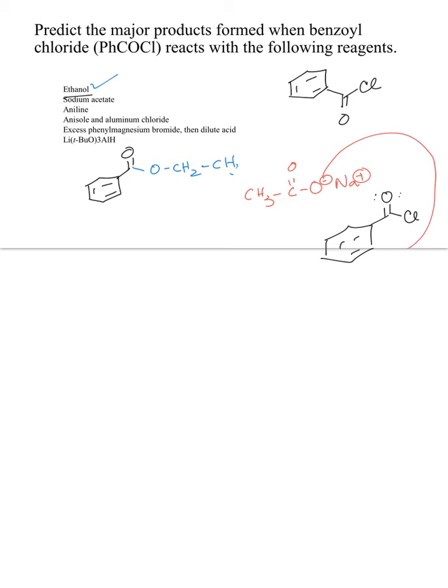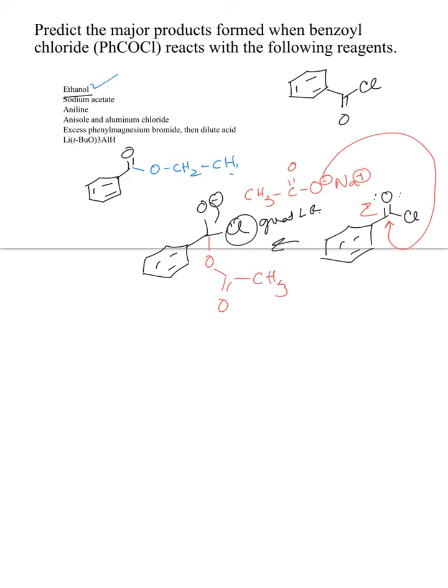So this goes here, and then forms a tetrahedral intermediate, O minus, there's your chlorine. And then what happens is this is a great leaving group. So this is going to come back down and this is going to leave.